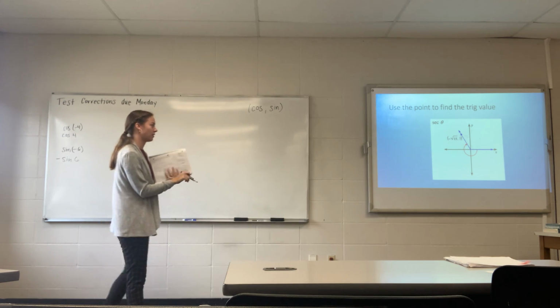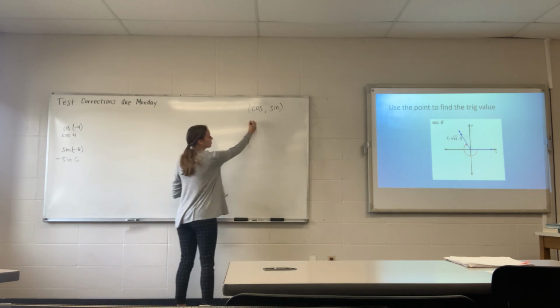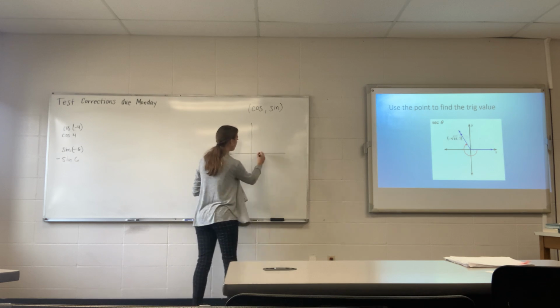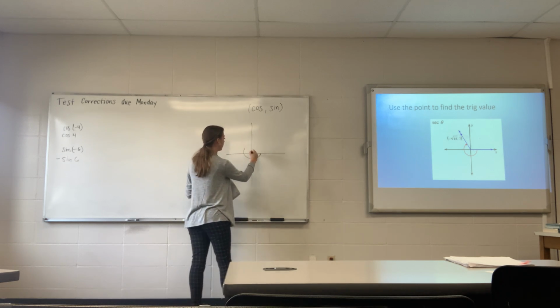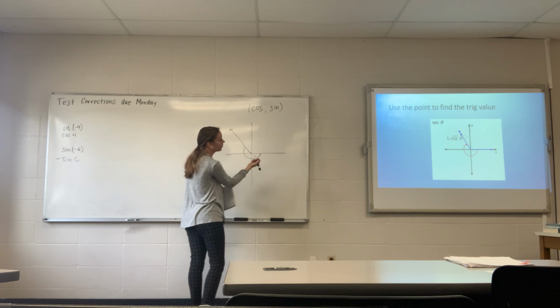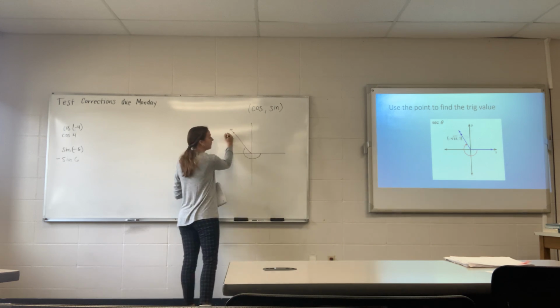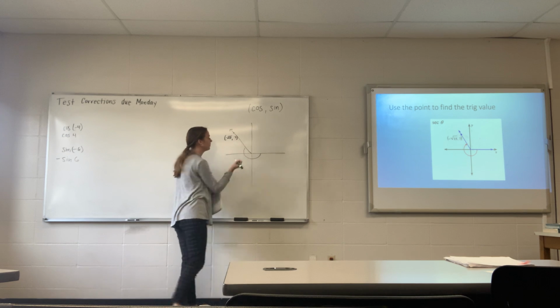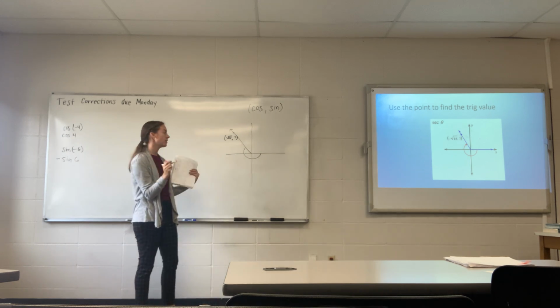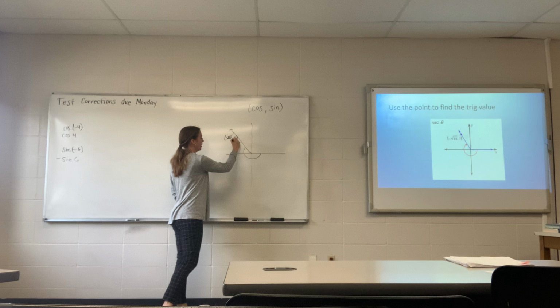But if I draw this, going backwards up here, here's my angle, and I have this point at negative square root of 15, comma 7. Using this, I can go ahead and make myself a triangle.